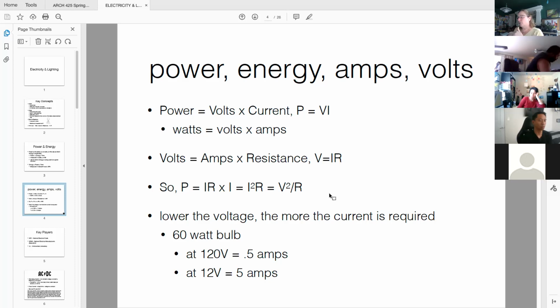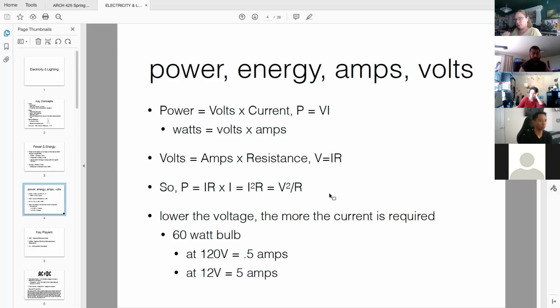If you only have 12 volts of power, so your power is less, you're going to need more current flow to equal 60 watts. So therefore, you're going to need the 5 amps to equal that 60 watts.